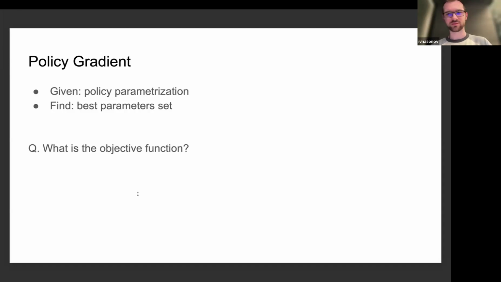Maybe map from the set of actions to some function with parameters which has a gradient, and then we can optimize it by some loss, for example. How can we do it?